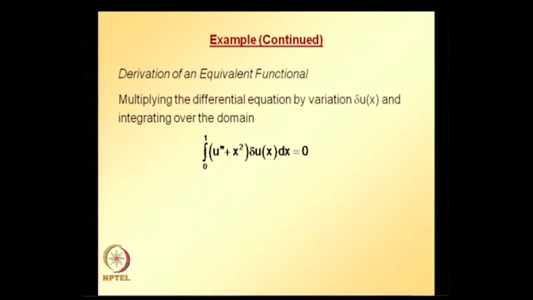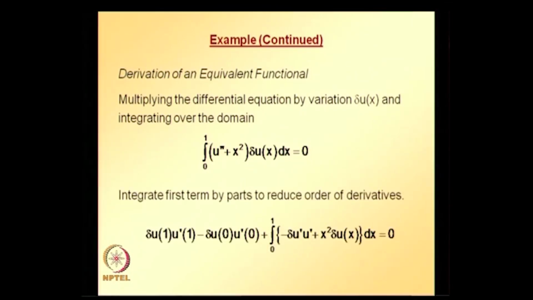And now the highest derivative term is the second order derivative. So what we can do is reduce the order of derivative here from u double prime to u single prime, that is the first derivative of u, by using integration by parts over the first term. Do not disturb the second term, you apply the integration by parts for the first term, then that leads to this one.